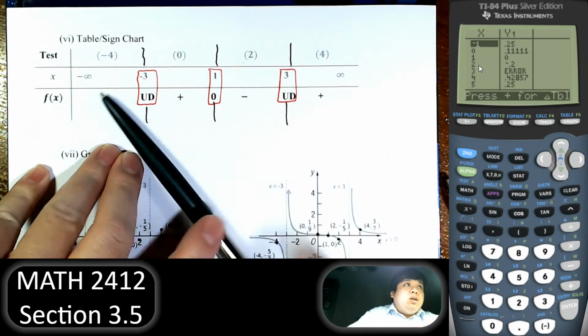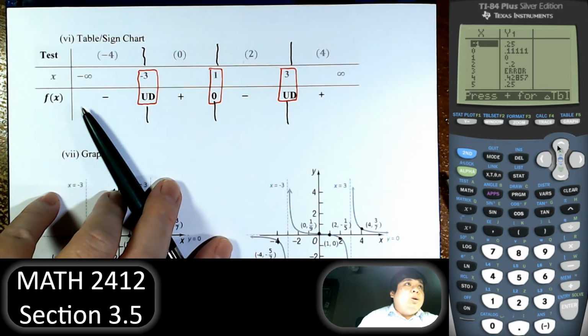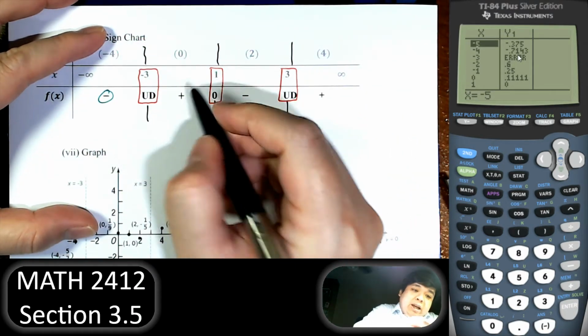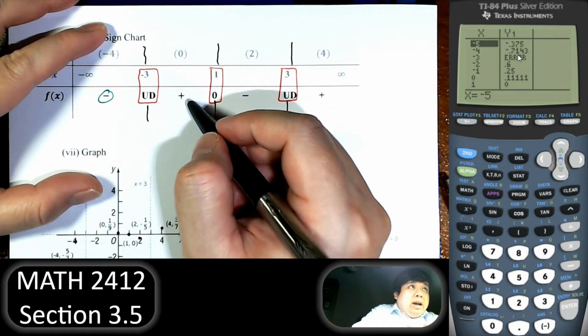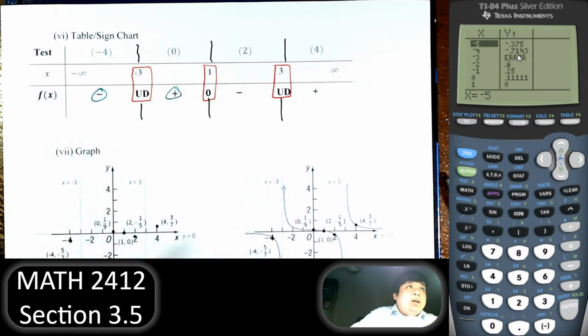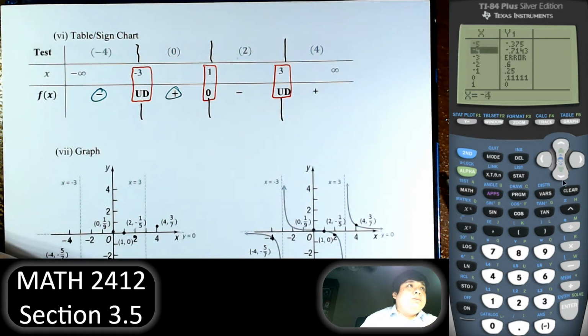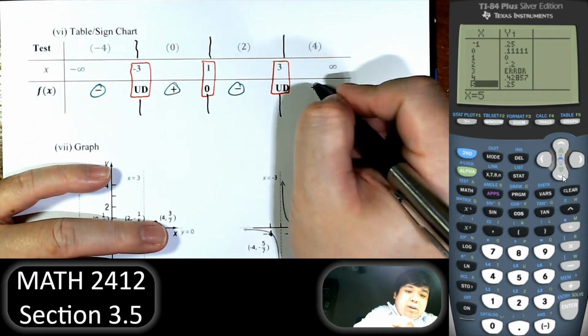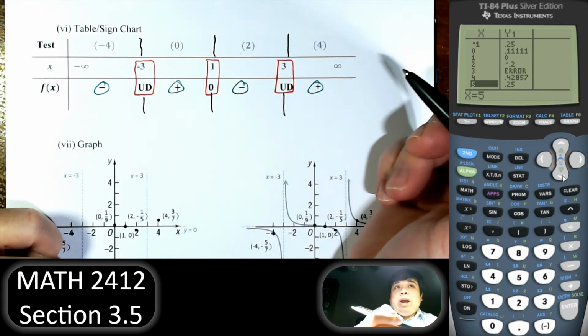Put in the function: if I put -4, I have a negative number. If I put 0 in, I have a positive number. I put 2 in, it's negative. And put 4 in, it's going to be positive. So that's what we have.